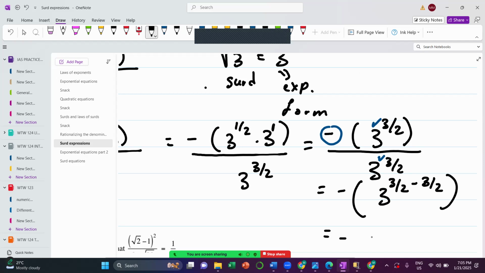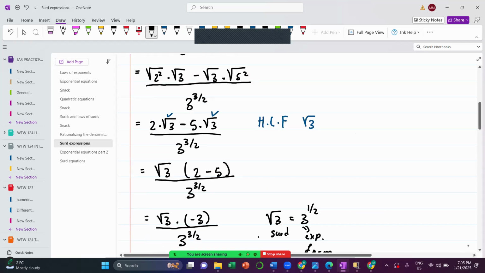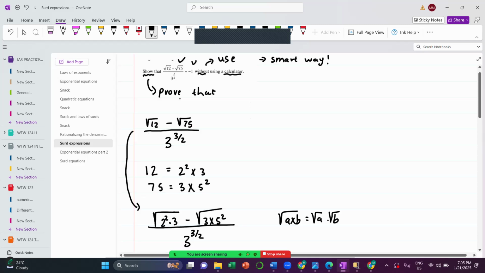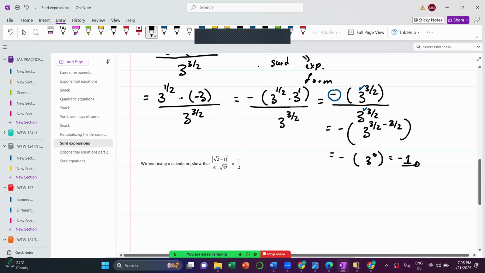So I'm going to have negative into 3 to the exponent of 0, which is just negative into 1. So we have now proven that this whole expression is equal to negative 1. I hope that you're okay with that, boys and girls.